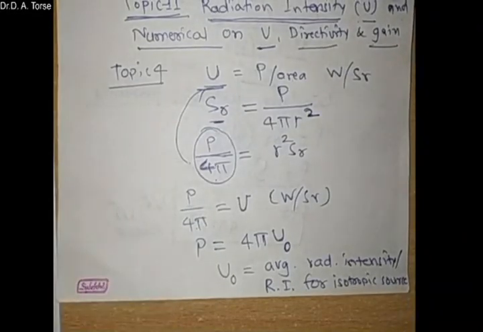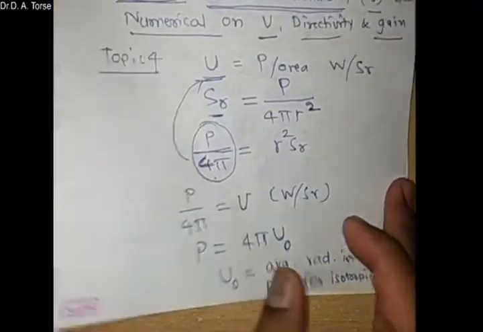So let's now solve one example to find beam area, and from beam area computation of directivity and gain.